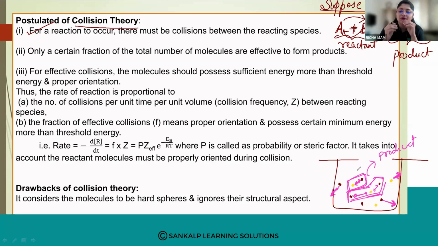The minimum amount of energy that a reactant molecule should possess in order to bring about a chemical reaction is called threshold frequency. Please note down what threshold frequency is.